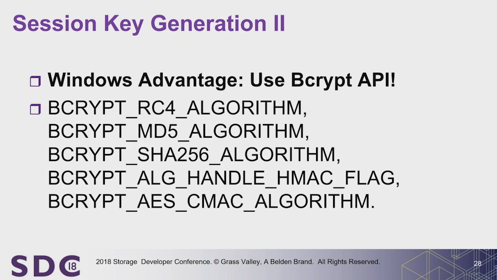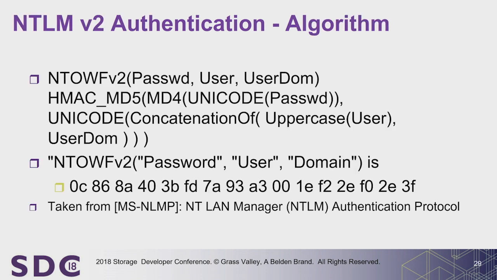The other thing is the bcrypt API, part of the Windows API again, which can do all the encryption and hashing and things that are required for later on when we come to signing. So we've got in the protocol doc this marvelous function. I don't really know what that stands for, but it's NTLM v2 authentication, and you have to put in your password, user, and domain, and then it'll hash it.